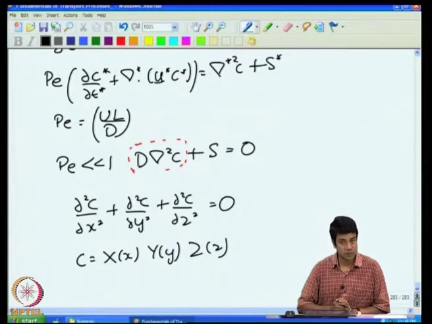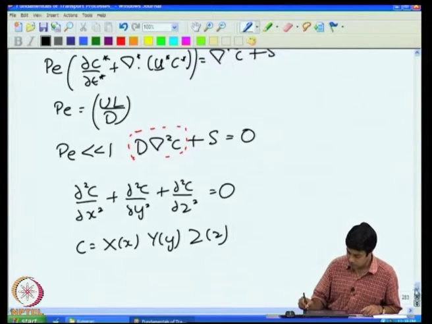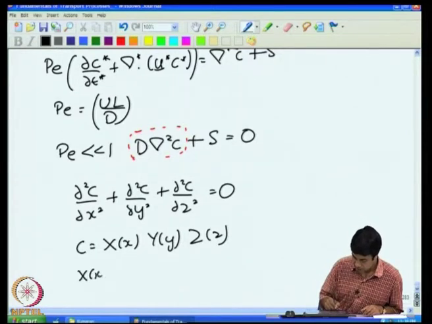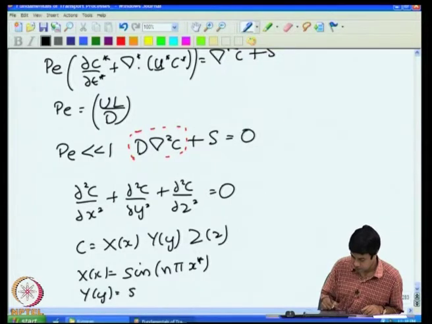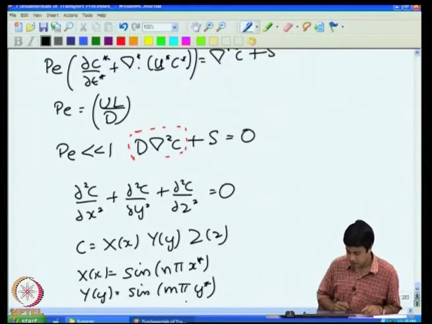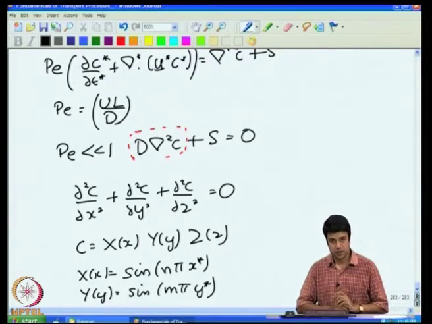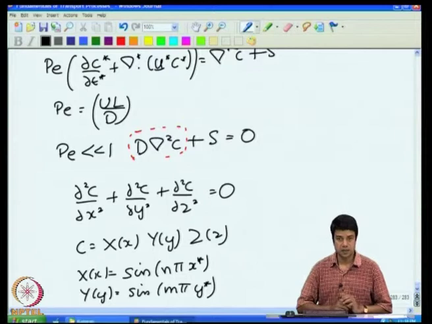In the homogeneous directions, you will get solutions of the form X equal to sine n pi x, where x is a scaled variable, and Y equal to sine of m pi y star. In the inhomogeneous direction, you will get exponential solutions.